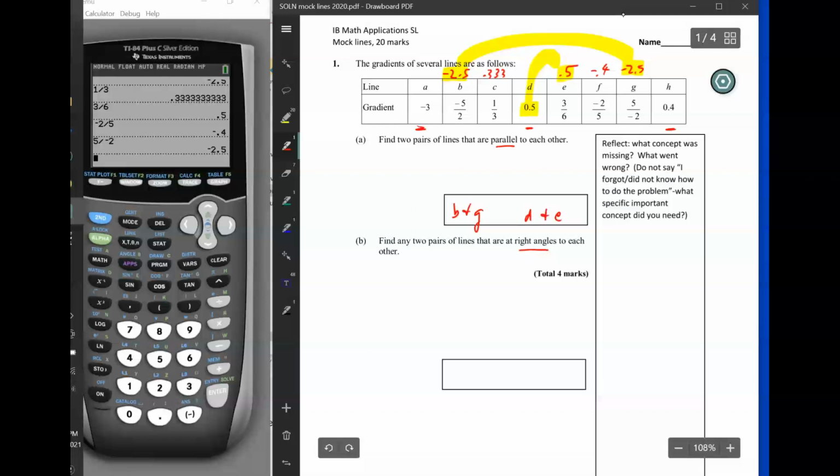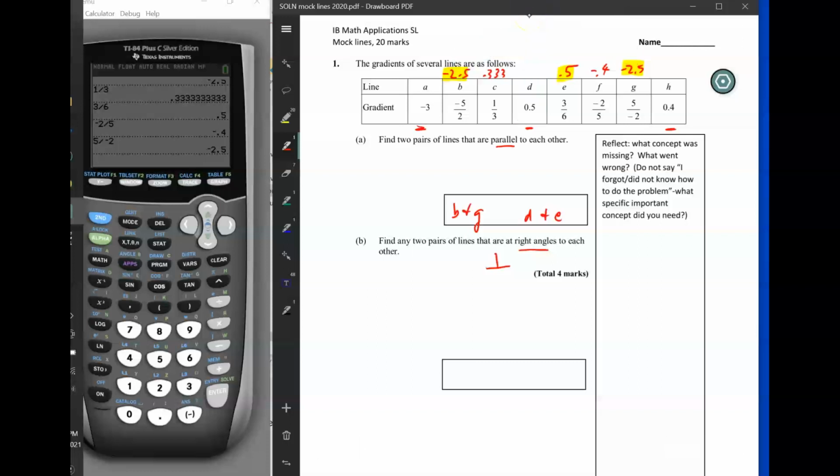Okay. Find any 2 pairs of lines that are right angles to each other, meaning they're perpendicular to each other. That's the symbol for perpendicular. The way we're going to do this is almost the same. First, I'm going to show you how if you are pretty good at identifying fractional values, you can look at certain pairs and already see that they are the negative reciprocals of each other.